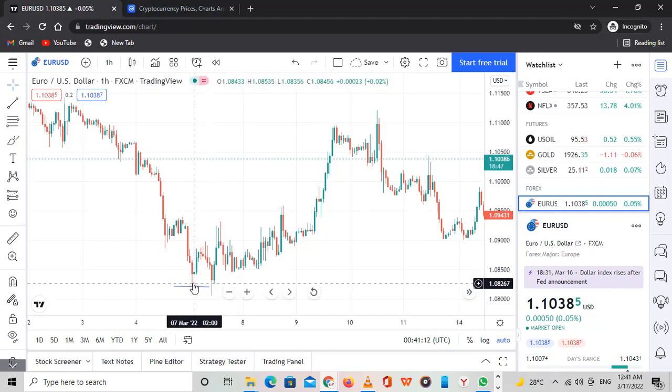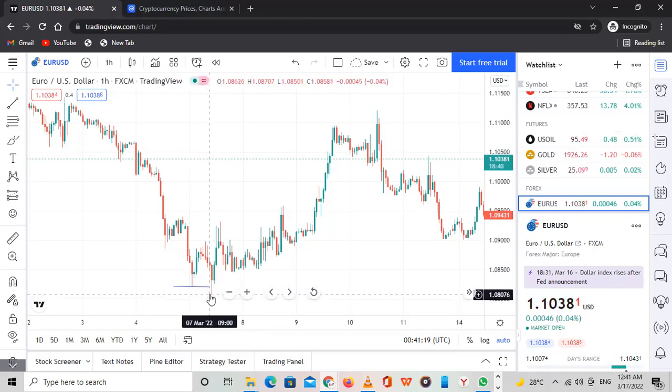Look at what happened here. This is the low. We mark this low, and now the market has traded below it.